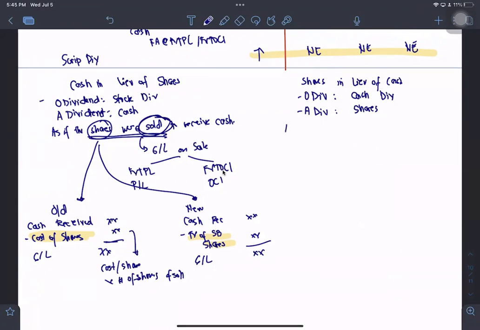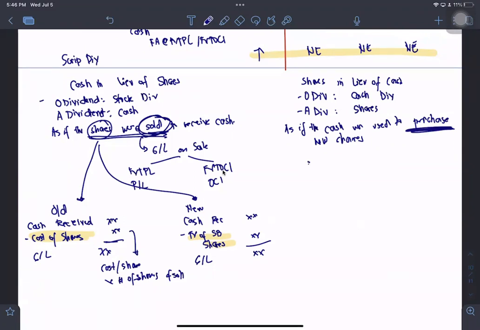So here, it is as if the cash were used to purchase new shares. If in cash in lieu of shares it is a sale, in shares in lieu of cash it is a purchase. So if this is a purchase, therefore, it will increase.